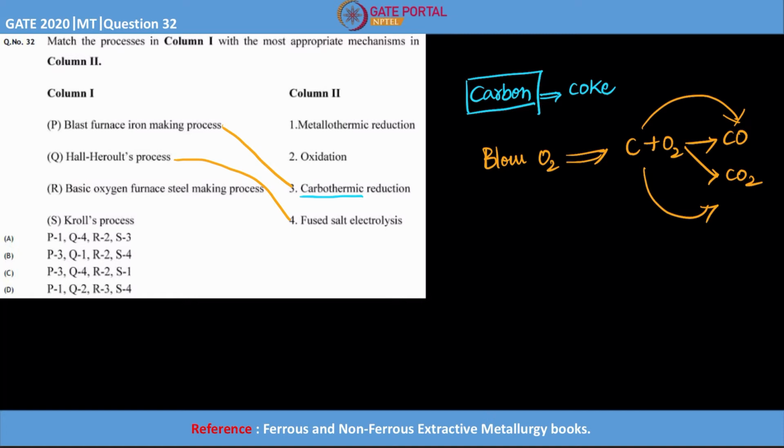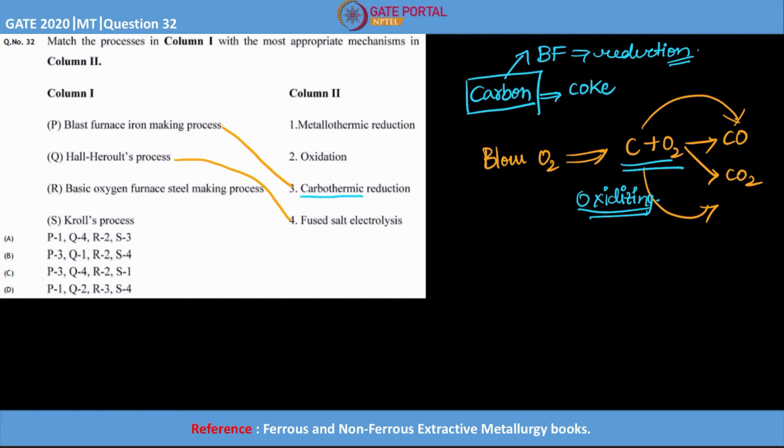So basically this is an oxidizing technique, whereas the blast furnace is a reducing technique. There is reduction taking place in the blast furnace from ore to iron, and in steel making you are oxidizing, which is interesting, right? First you are reducing and then you are oxidizing, because the purposes are different.